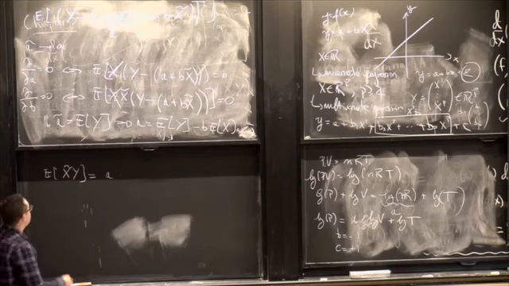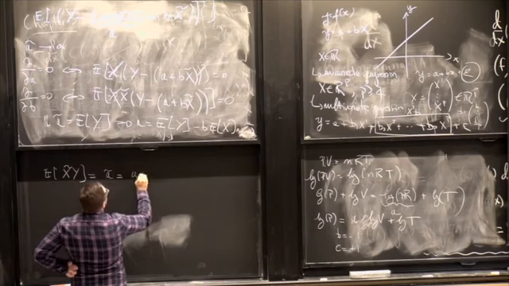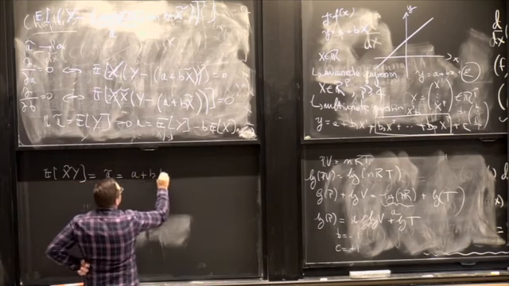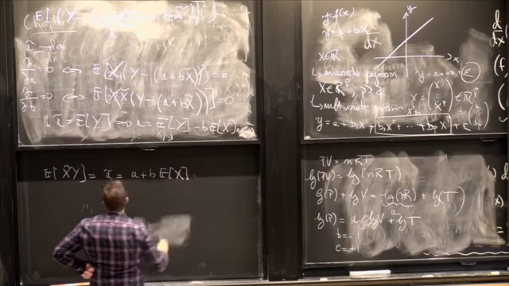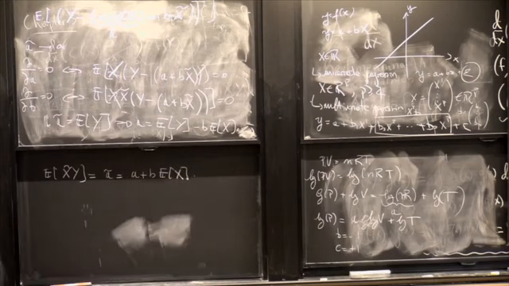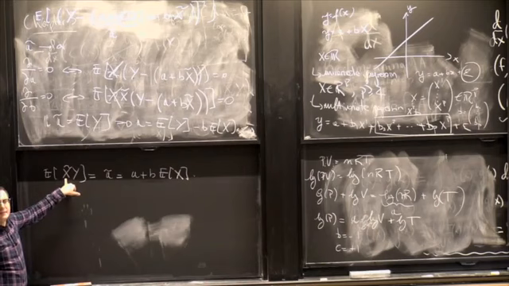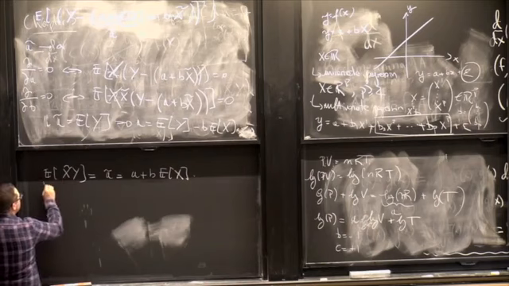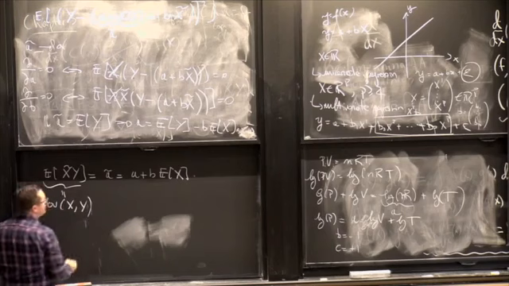But this a is actually a tilde in this problem, so it's actually a plus b expectation of x. Now, this is the expectation of the product of two random variables, but x tilde is centered, right? It's x minus expectation of x. So this thing is actually equal to the covariance between x and y by definition of covariance.